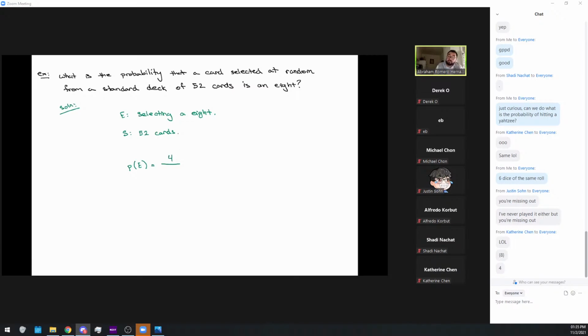Then divided by the total possible outcomes, which is 52. So 4 divided by 52, and that's it. You can reduce this to 2 divided by 26, or actually, 1 divided by 13. So 1/13, which is approximately 0.08 or 8%, if you cared about the percentage. Any questions?